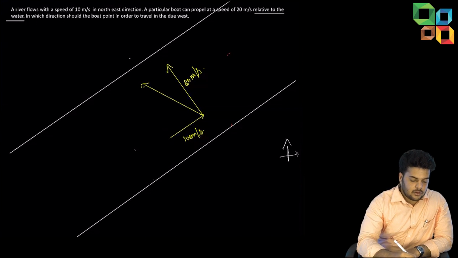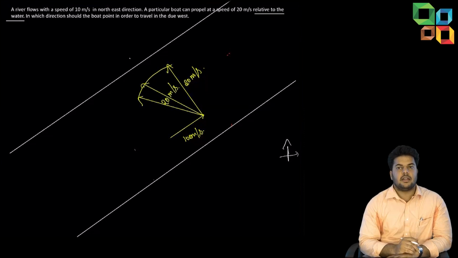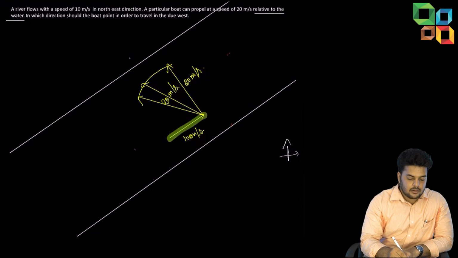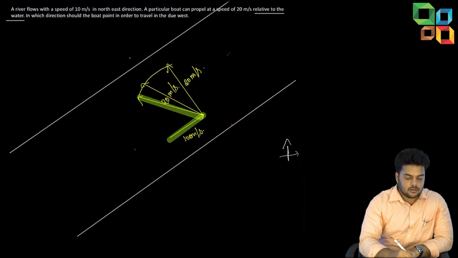So let's say that we are going like this. The size of this arrow is still 20 meter per second, but we are going at a greater angle than that, such that the sum of 10 meter per second plus 20 meter per second is towards which direction?